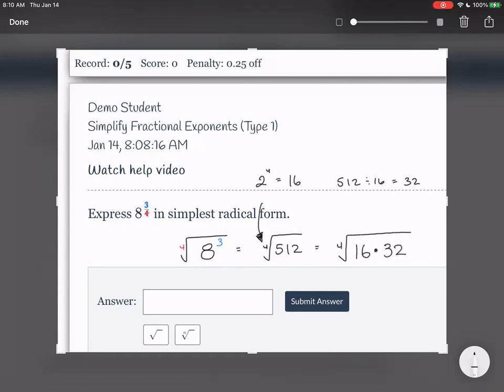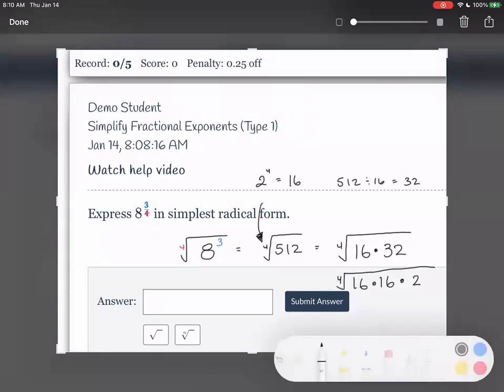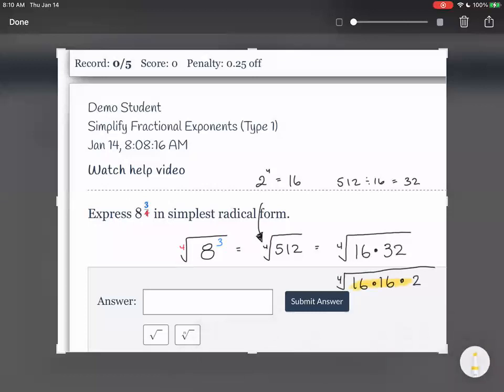Now you might notice that 16 also fits into 32. So I'm going to rewrite the 32 now. So we have the 4th root of 16 times 16 times 2. So just so that you can remember, if you do 16 times 16 times 2, that would give you 512.